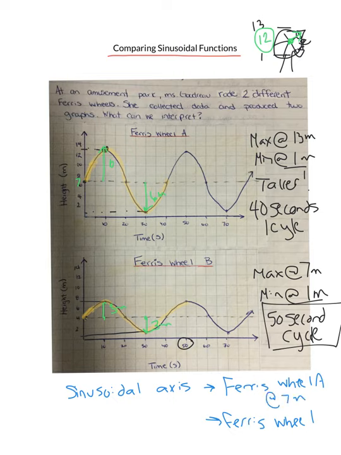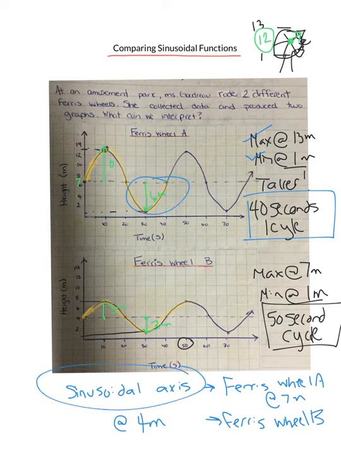We already talked about this, and it's at 4 meters for Ferris wheel B. So here's a quick summary. When you're comparing functions, you can be talking about the maximum, the minimum, a cycle or how long one rotation takes. We can be talking about our amplitudes, and we can be talking about our sinusoidal axes.